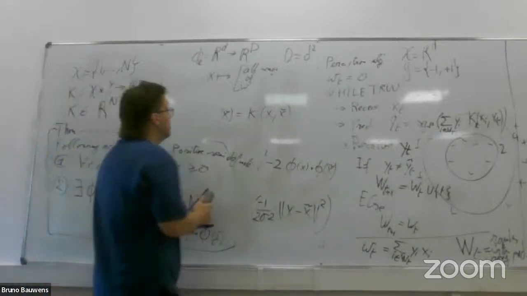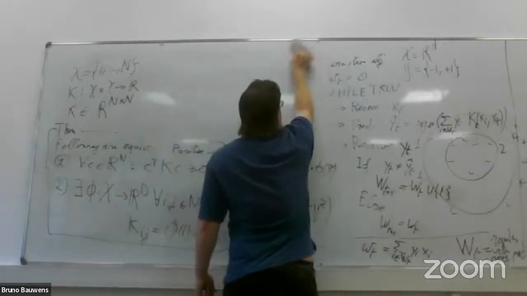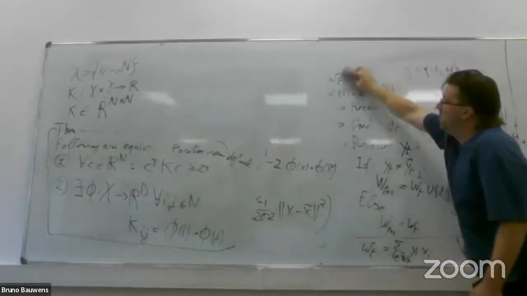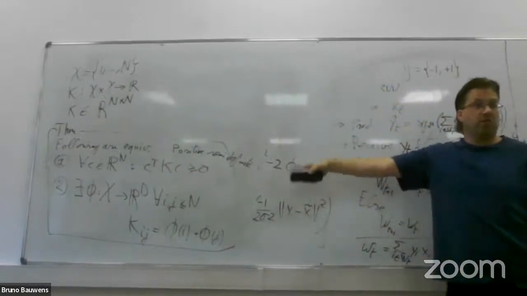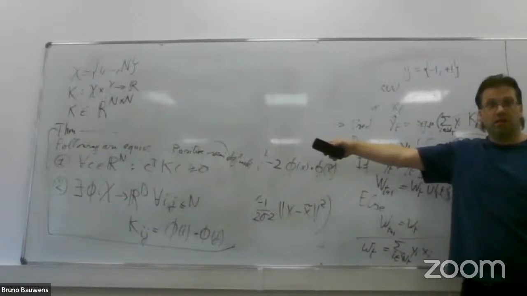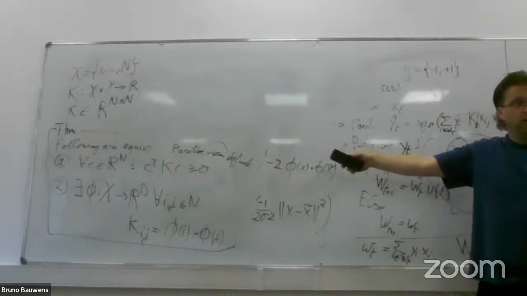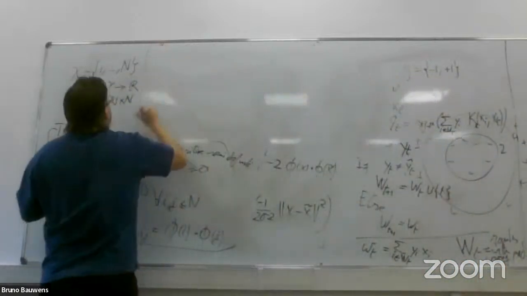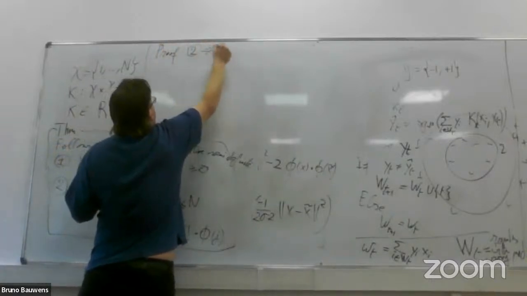So let us go to 1, and I think you can already tell how it goes. If we believe 2, why do we get 1? We will look at a specific vector.